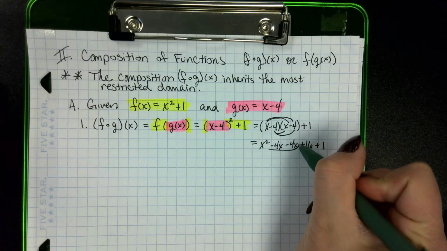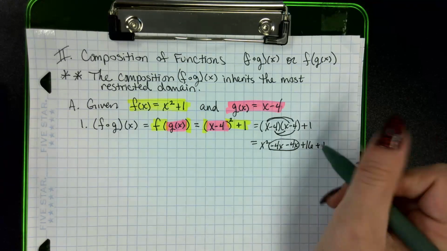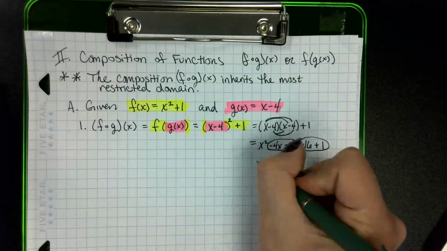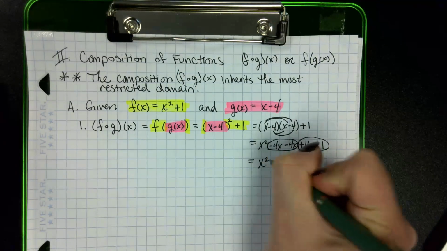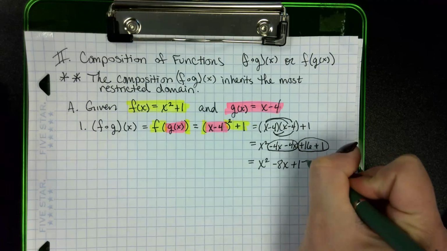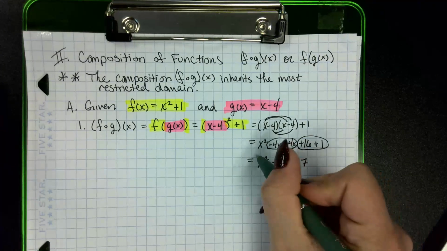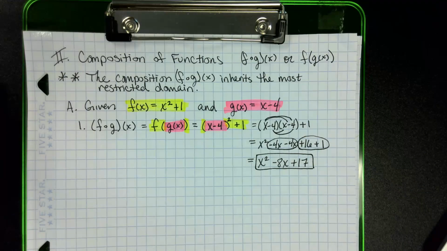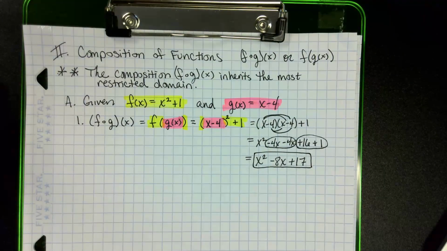I have these like terms in the middle, and I have like terms on the end. So this is x squared minus 8x plus 17. That is my composition. f of g of x is x squared minus 8x plus 17.